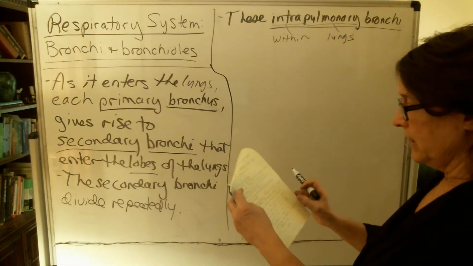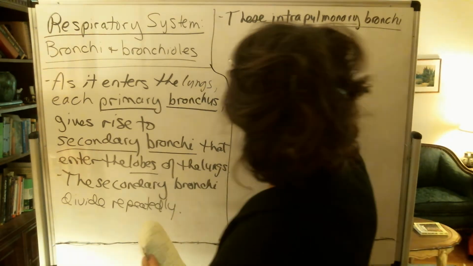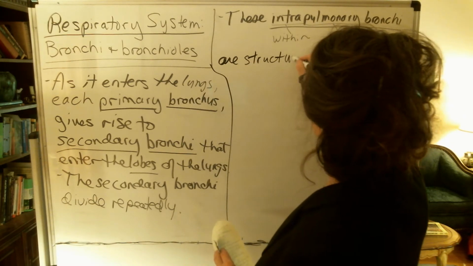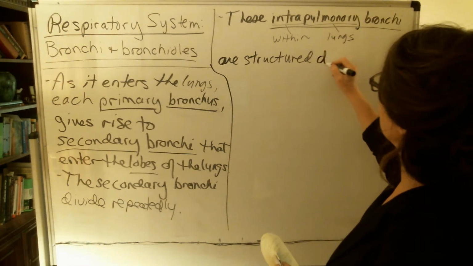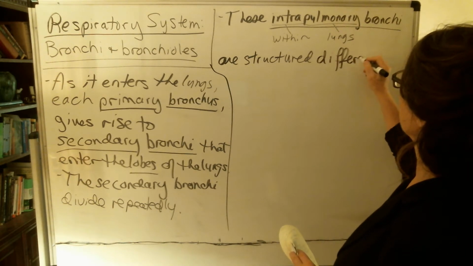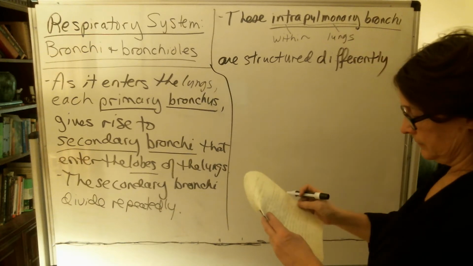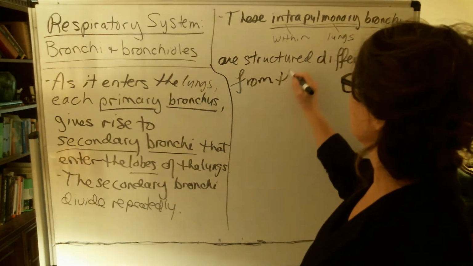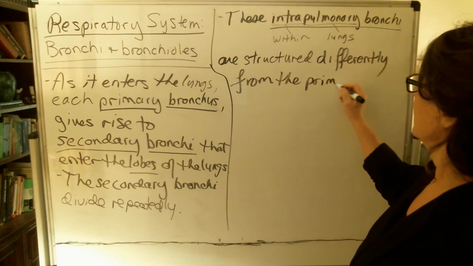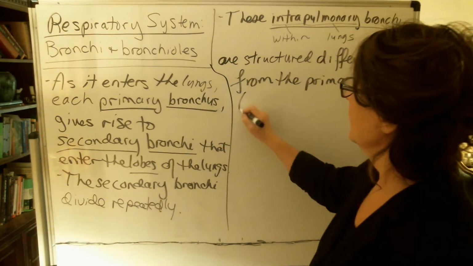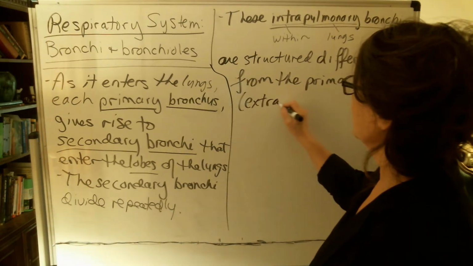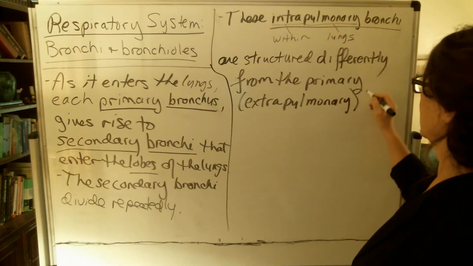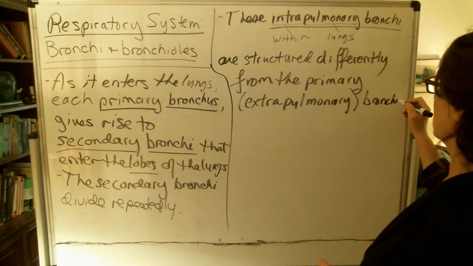So these intrapulmonary bronchi are structured differently from the primary, that is to say, your extrapulmonary bronchi.